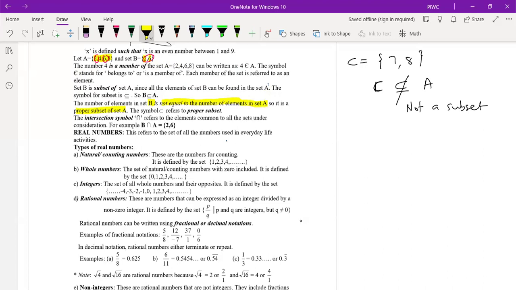So because the number of elements in B is not the same as that in A, in other words, you have fewer elements in B than A, B is a proper subset of A, right? In other words, you have fewer elements here than in the other set, okay?